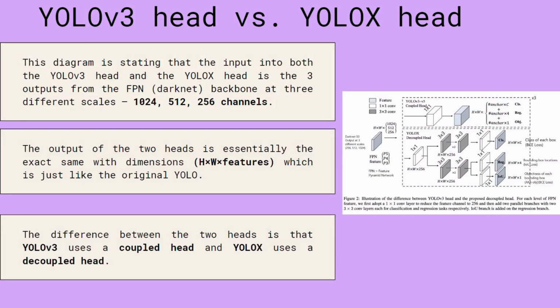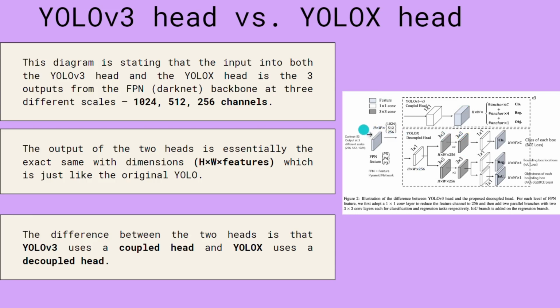So when we compare the two heads, this diagram is stating that the input into both the YOLO v3 head and the YOLOX head is the three outputs from the FPN backbone at three different scales. So one thing to notice is that this is just a representation of one of the outputs from the YOLO v3 model.